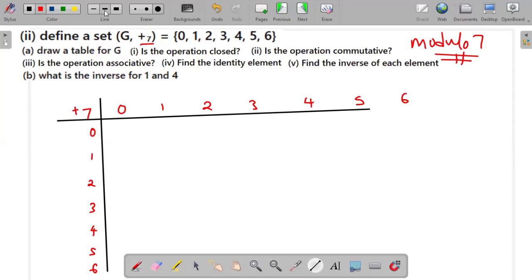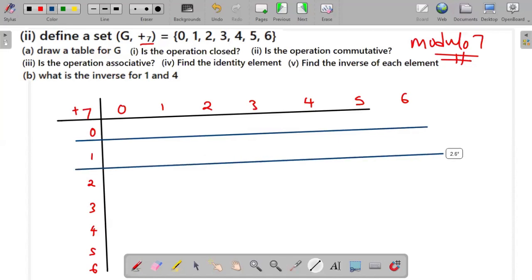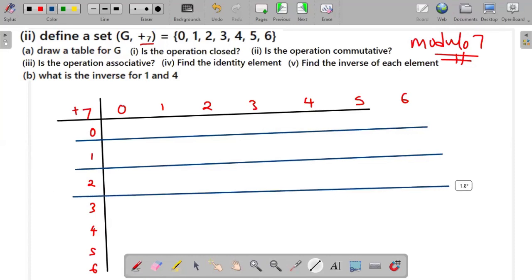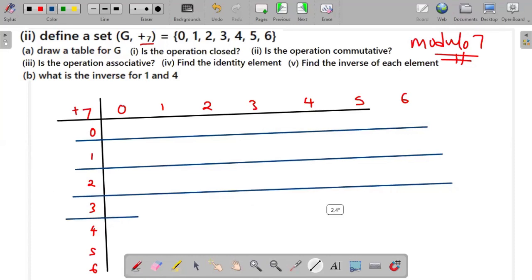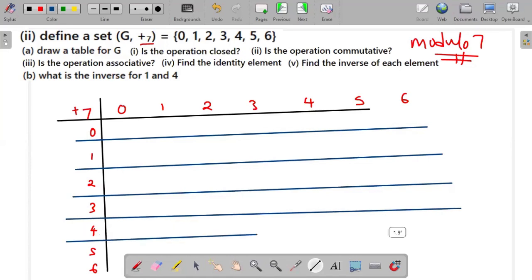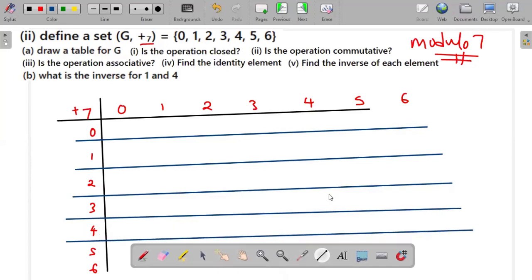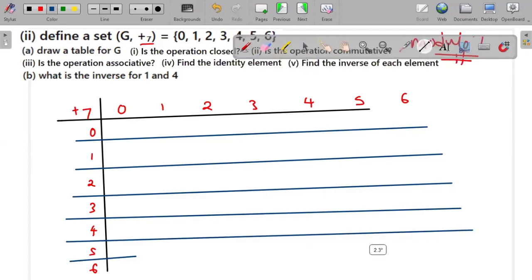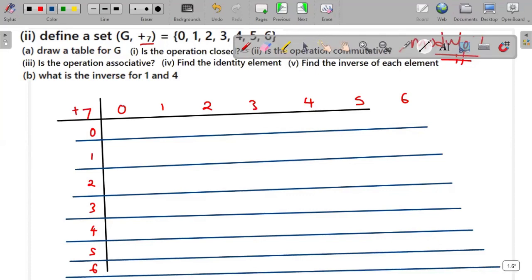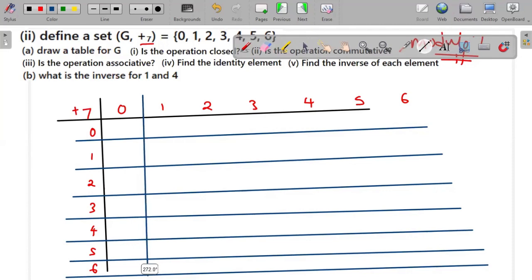So let's draw a proper table here. I'm going to make columns and rows here. Let's make a proper table. And then we make the columns now, because those were the rows.